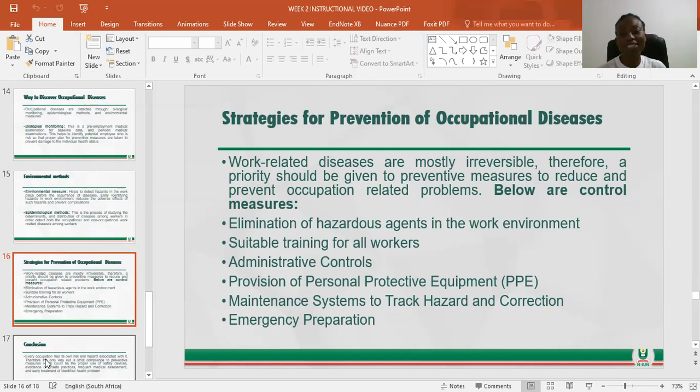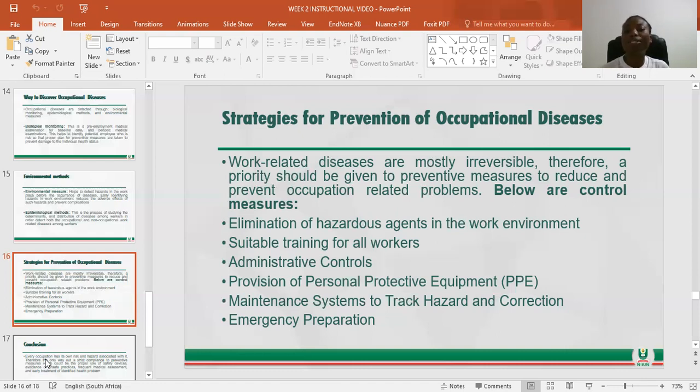You can't reverse it. Even though your employer can pay and take care of your hospital bills, give you rest and compensate you, they cannot replace your fingers or your arm or your leg. So therefore, priority should be given to preventive measures to reduce and prevent occupational related problems.